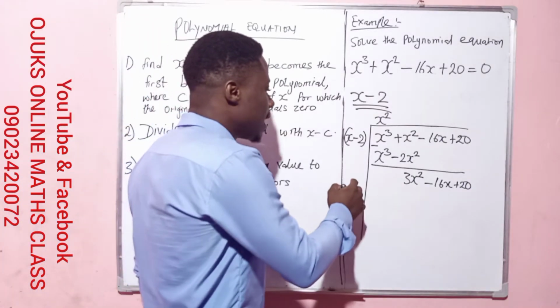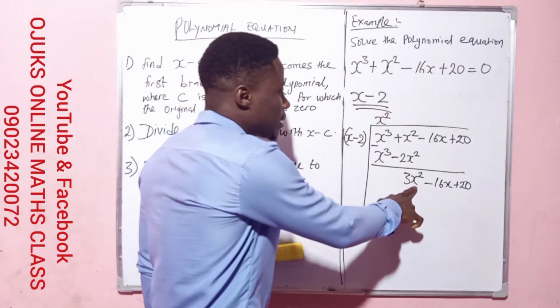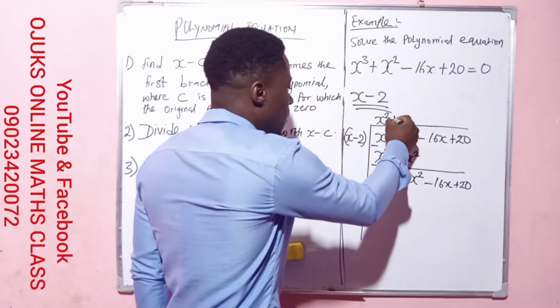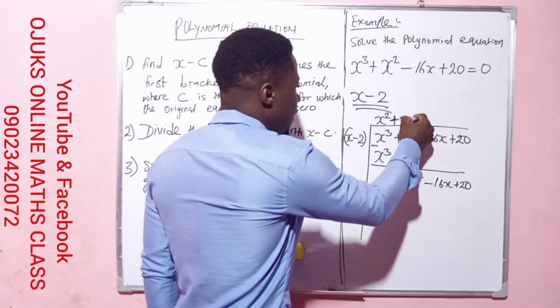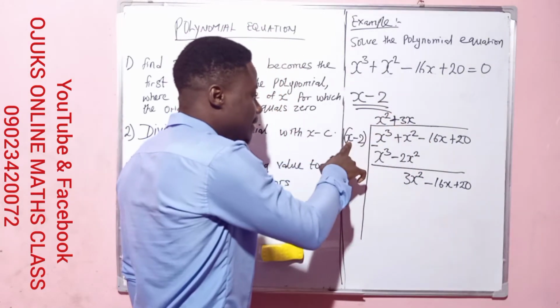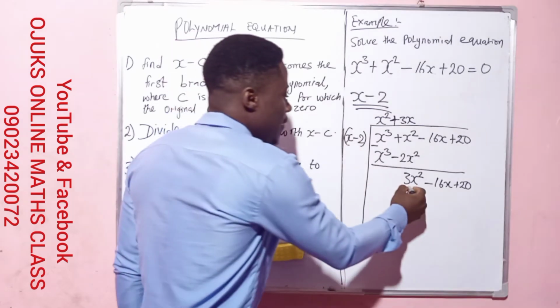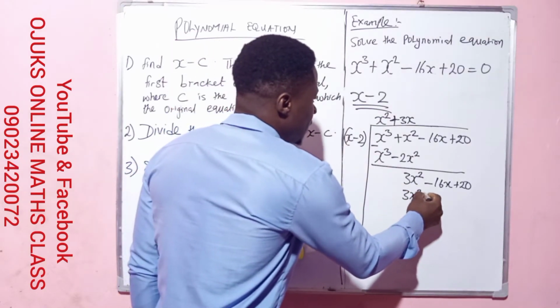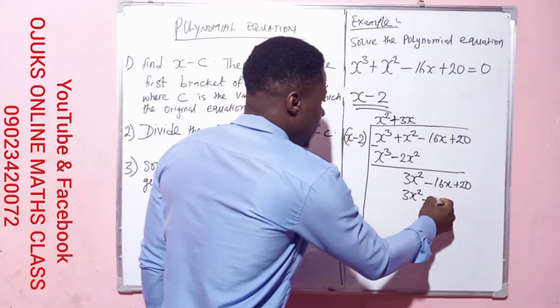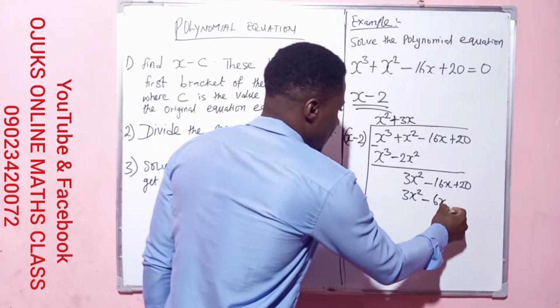Okay, what else will go? x into 3x squared will automatically give us plus 3x. Then 3x times x, we're having 3x squared. 3x times minus 2 will have minus 6x.